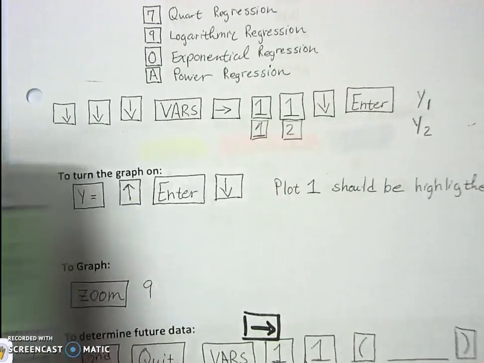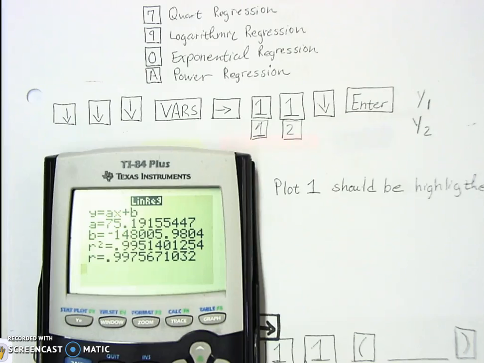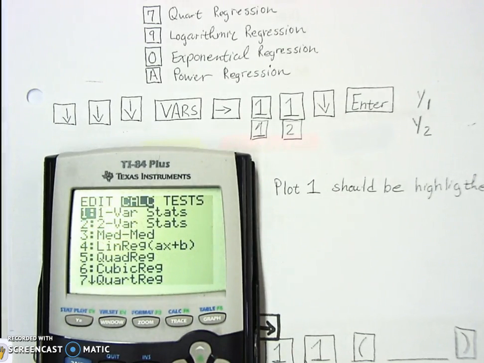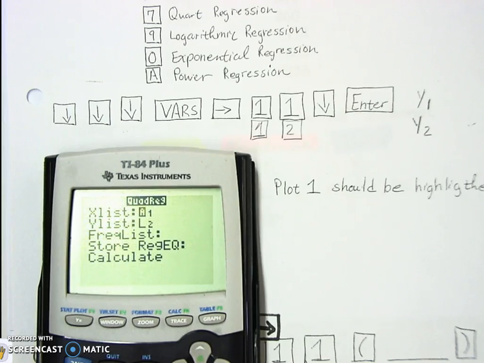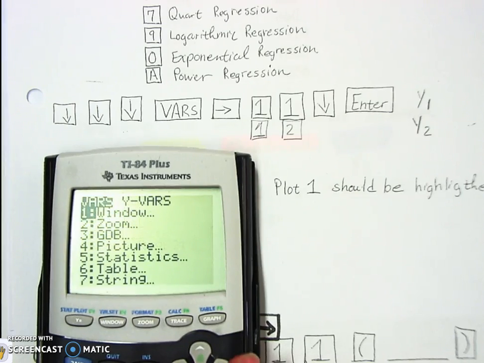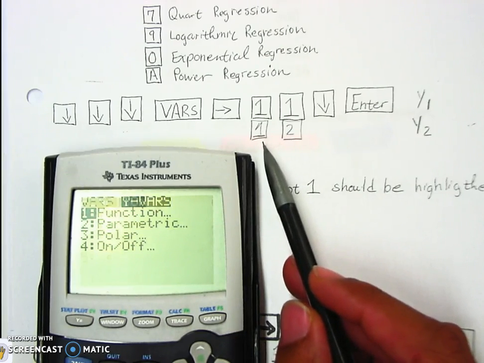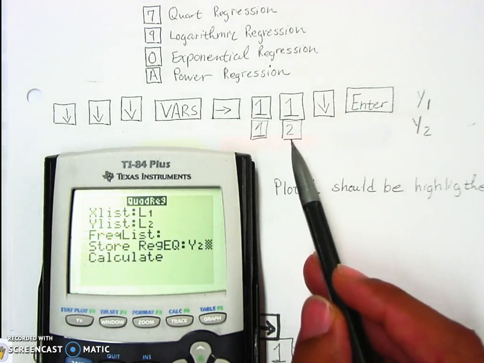So when we do our calculations here, we're going to go to stat, go to the right like normal, go down to 5 for quadratic. Again, we're going to go down, down, down, vars to the right. But now we're going to do 1, 2.